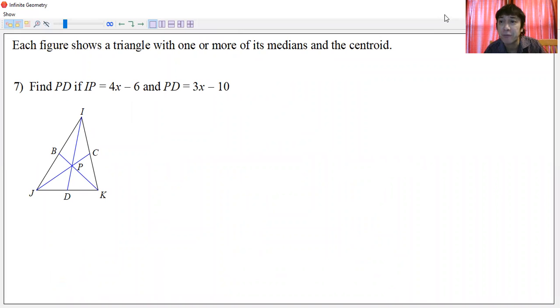All right. Before we start doing this, we shall do a little review about the segments of a median. So let's draw one simple triangle here, like this.